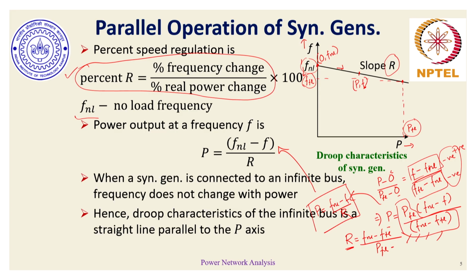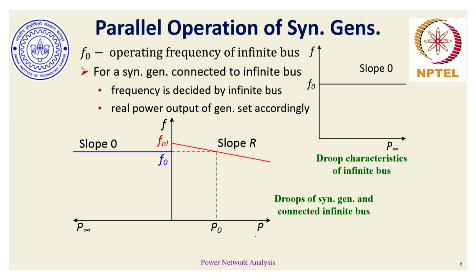And depending on whether the synchronous generator is connected to an infinite bus where synchronization has already happened, during post synchronization the frequency cannot change, and that's the reason why the droop characteristic for an infinite bus is a flat line, or a line parallel to the P-axis, which is also shown over here in the next slide. So F naught essentially is the frequency which is dictated or governed by the grid frequency or the infinite bus.